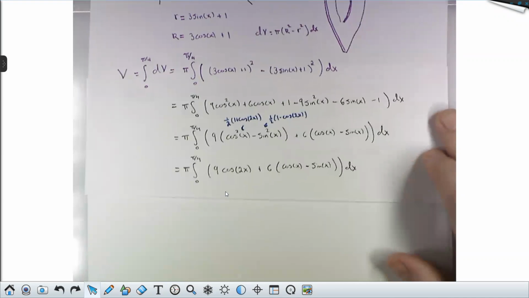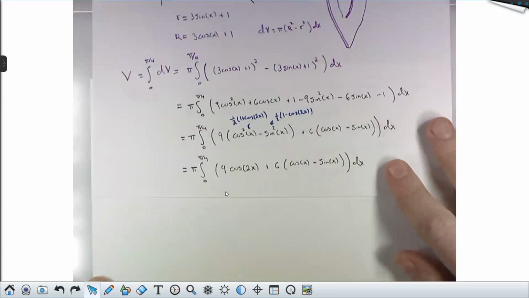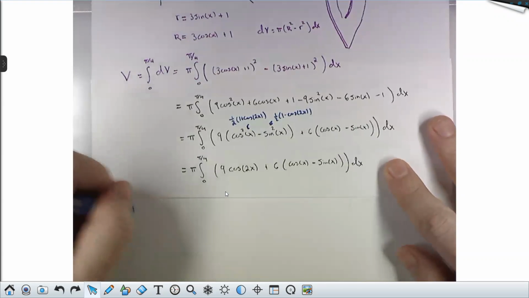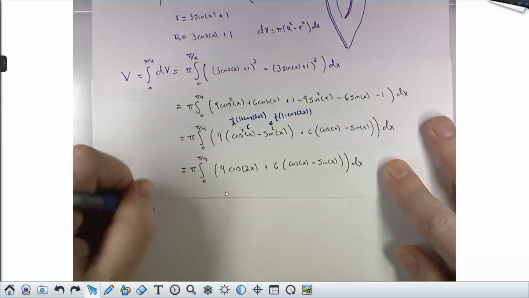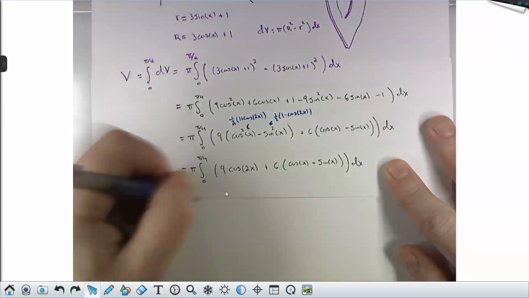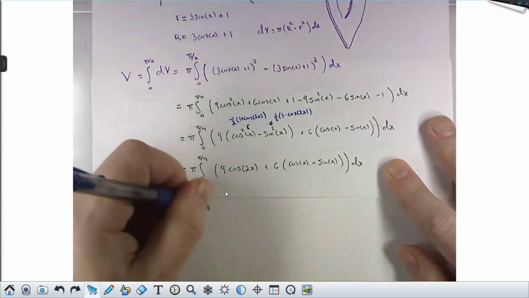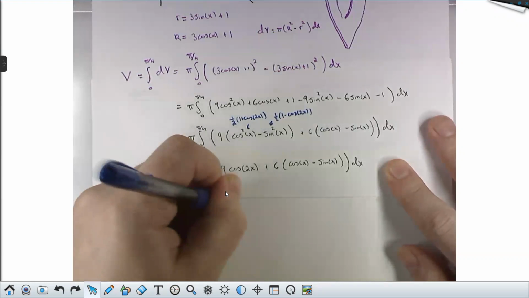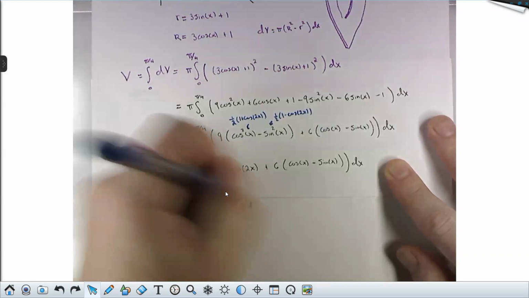So before I go back and show you exactly where those came from, remember with the disk washer method, your strip is always perpendicular to the axis of rotation.